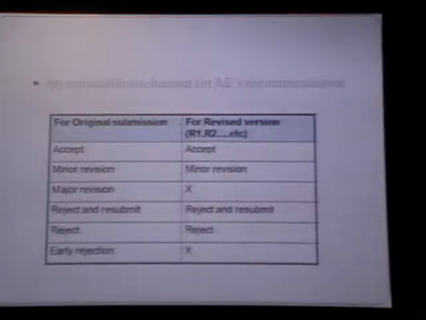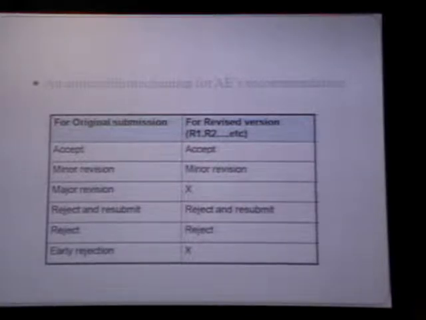If the AE feels the paper doesn't need to be sent out to reviewers, for example because the content does not fit the scope of the transactions, or there are obvious flaws in the paper, then the AE can decide to reject it without sending it to reviewers. The AE suggests rejection to me, with the reasons, and I will make the final decision.